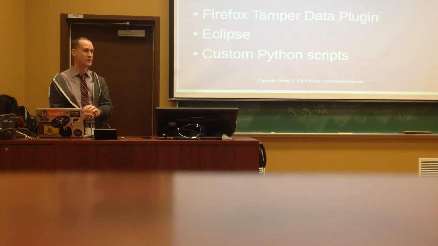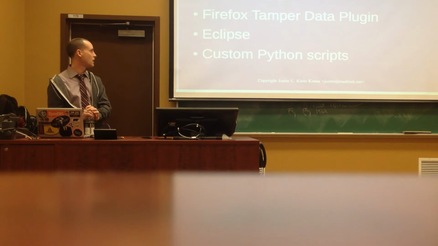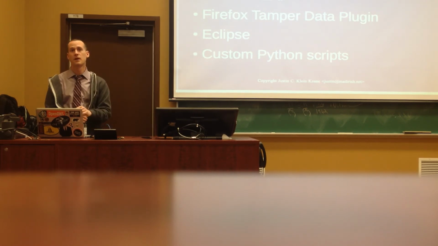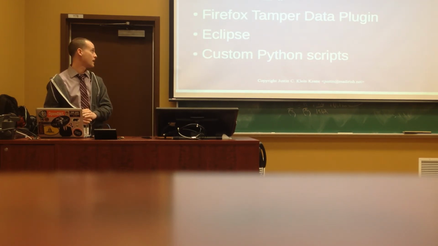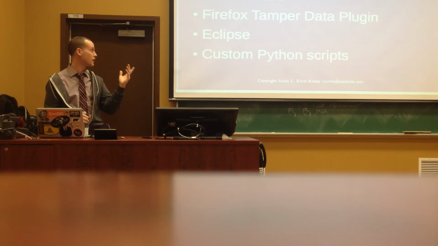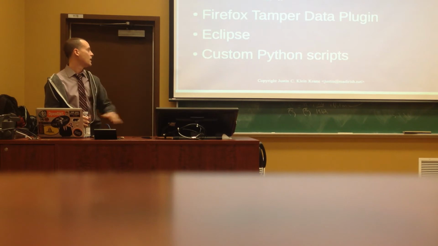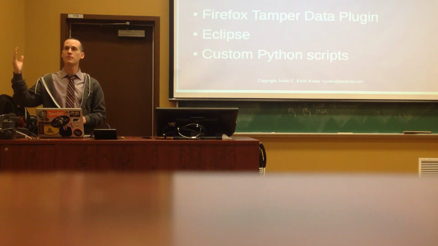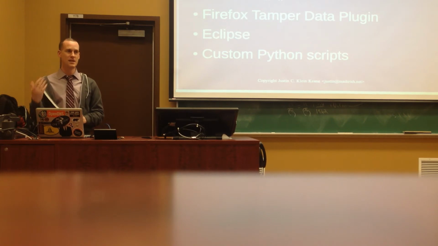We use the Firefox Tamper Data plugin because every time I find a form field, I want to put malicious control characters in it, and that just makes it a lot easier. We use Eclipse for all our code review. I'm a big fan of, you find a problem, try and find out how to fix it. So we're huge at staring at source code in Eclipse. And then we've got a couple custom Python scripts that mainly just grep through code and look for known dangerous functions.